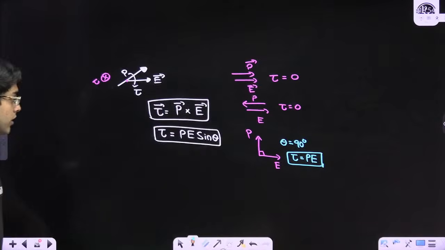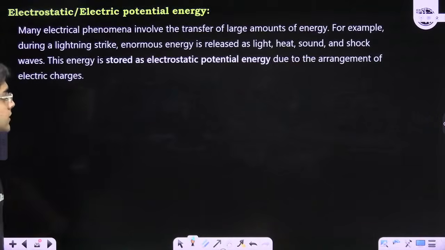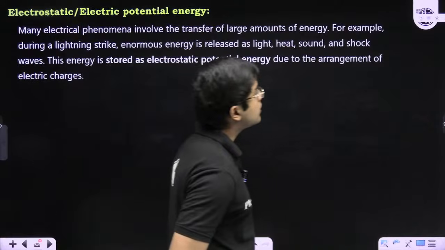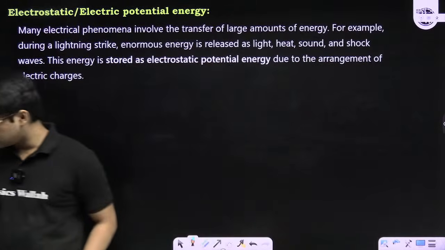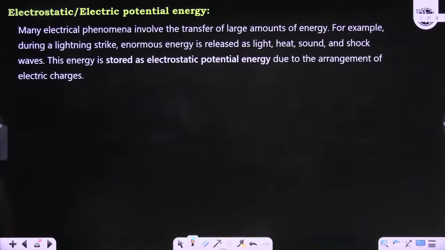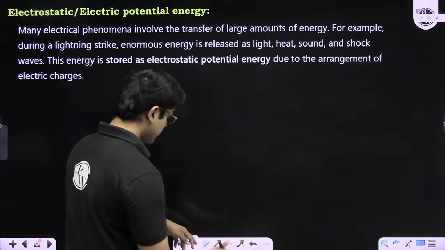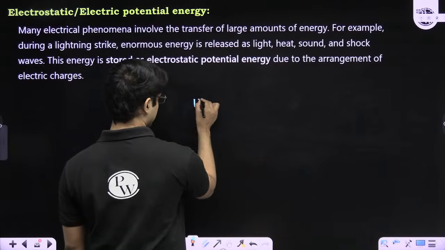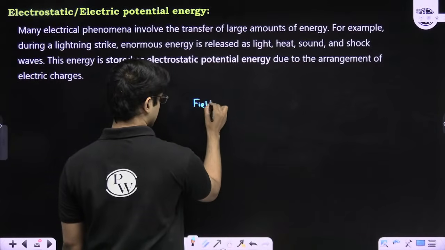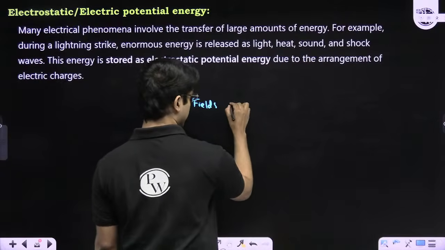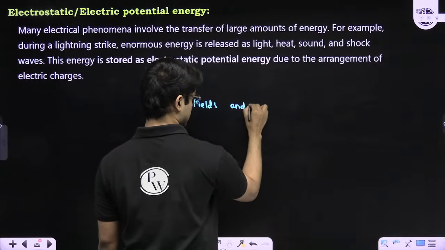All right. So now we are done with this. So we're done with the torque as well. Okay. So now we can talk about the potential energy part. So in the first chapter, basically the fields chapter, we were paying attention to fields and forces, right?